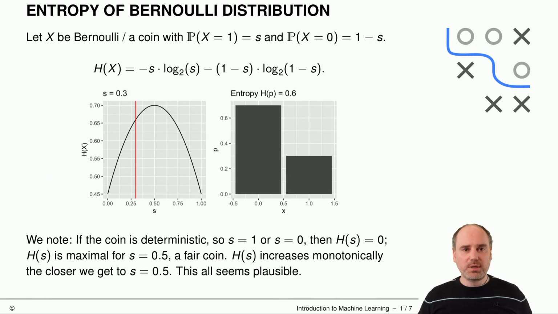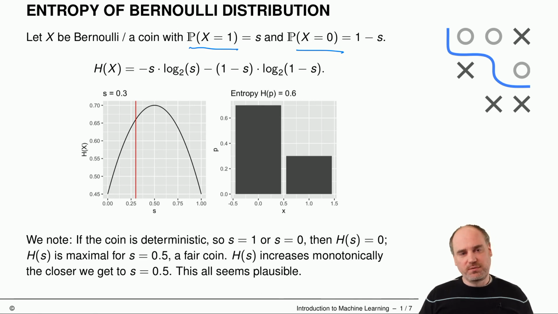So here we'll begin with a further example, the simple calculation of entropy for a Bernoulli random variable. So a random variable with just two outcomes. We have one outcome which is called success, which we usually encode with a 1, and a failure which we encode with a 0.